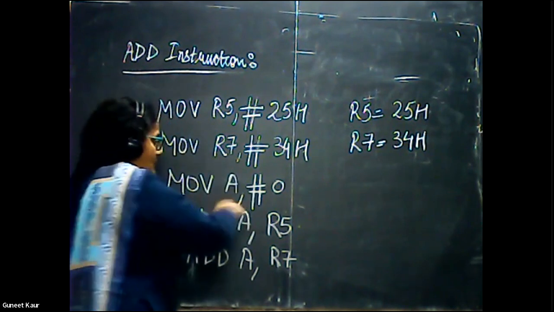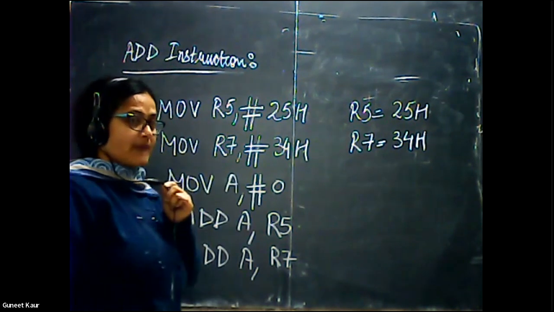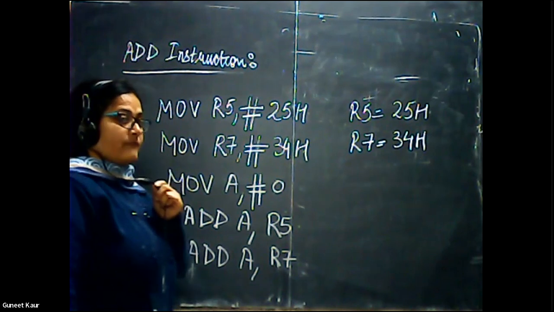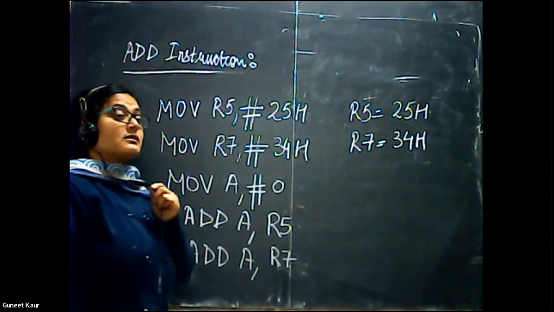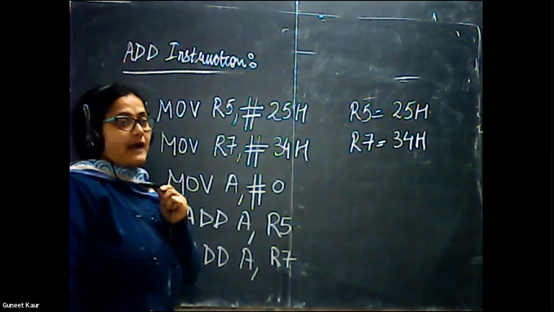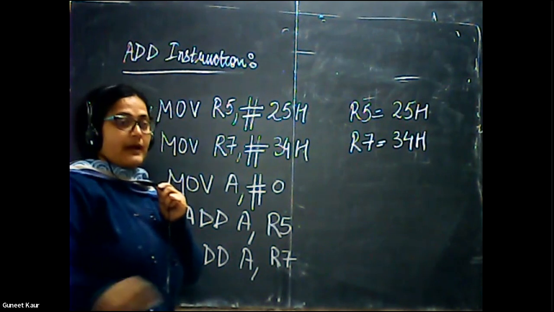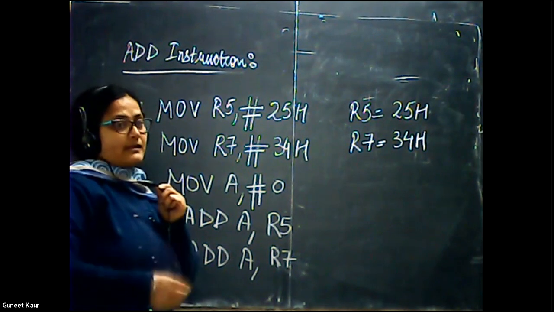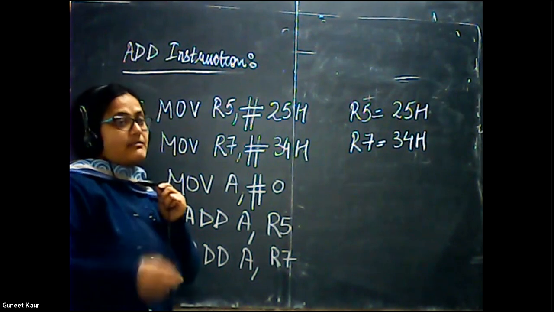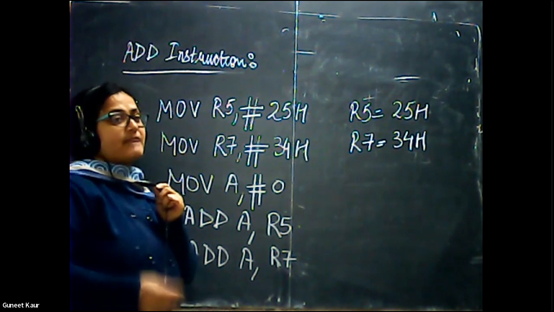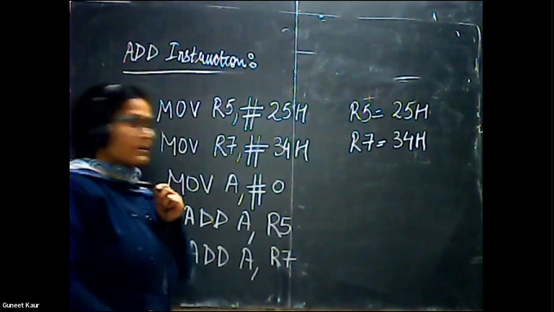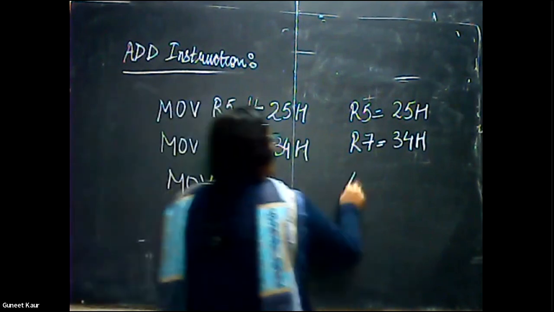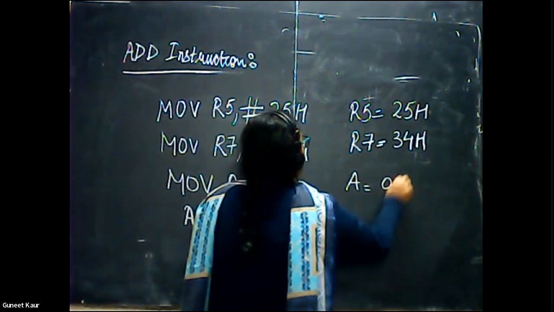After the execution of this command, the accumulator will contain 0 in hexa too. The hexadecimal representation of 0 in decimal will always be 0. So after this, the accumulator will contain 00H.